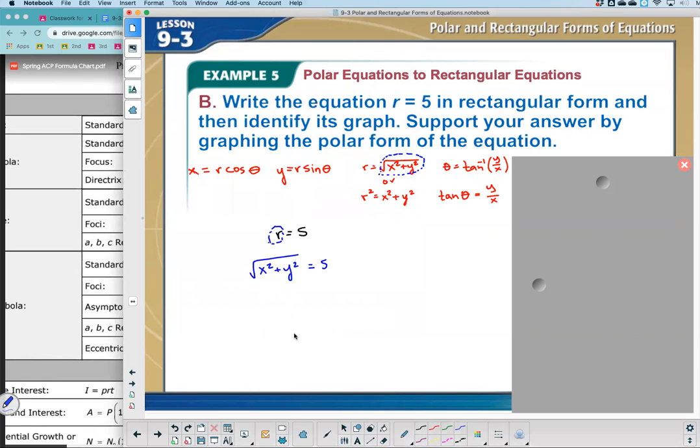What's the opposite operation of a square root? A square. So what I'm going to do first here is square both sides. When I do that, we have x squared plus y squared equals 5 squared, which is 25. That's the equation of a circle, a circle with a radius of 5.